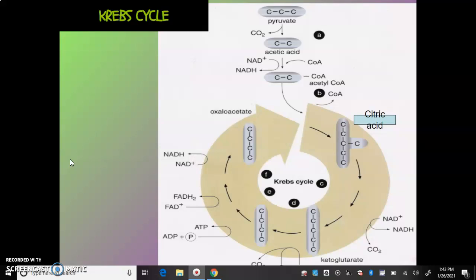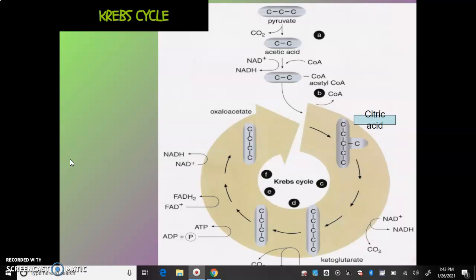You must go around this twice, 1 for each pyruvic acid that goes through. So remember that in glycolysis, glucose is broken down into 2 pyruvic acids or pyruvates. So in this cycle, only 1 pyruvate can go through the cycle at a time. So at the end of the Krebs cycle, you produce 2 ATP molecules, 1 per turn.